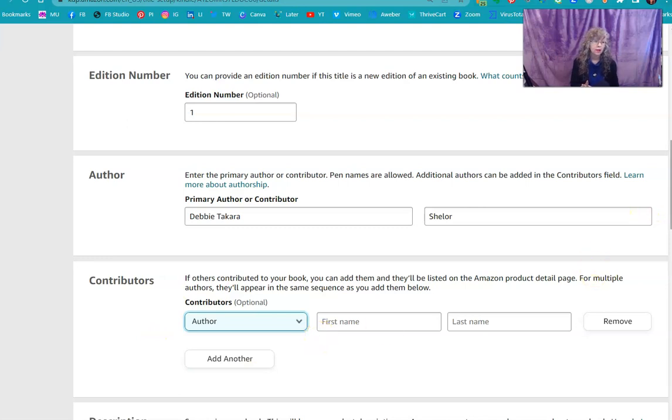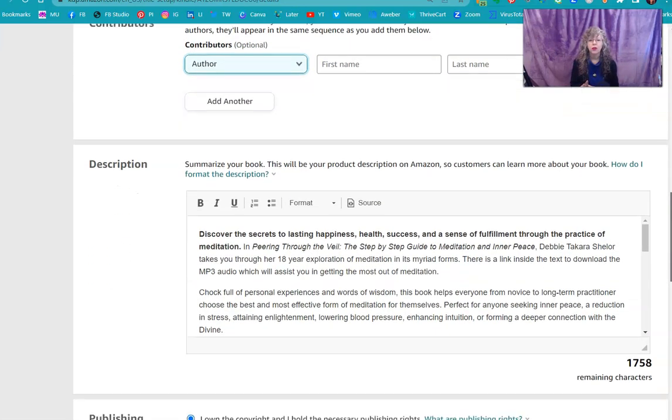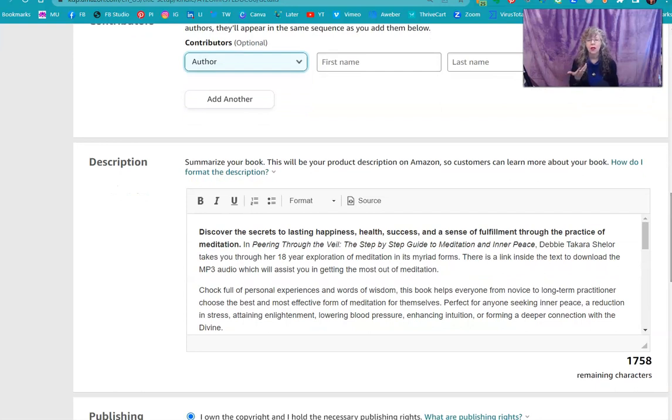All right. Next, we come down to description. Now, the description is one of those super important pieces, okay? And a lot of people take a lot of time to figure out these words. Now, they give you, I think it's 5,000. The description can be quite long, and I've heard different experts say you want it shortened to the point so they can get on with it, and others say use every word possible.